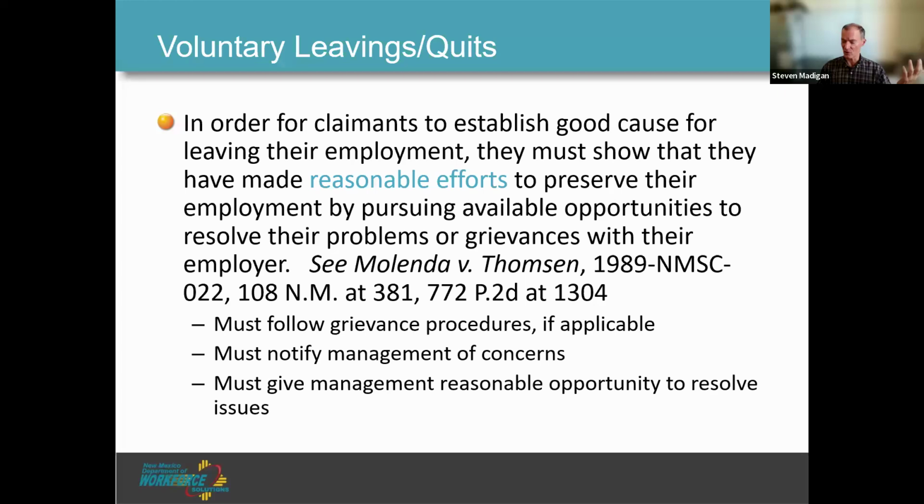Obviously, how can something be addressed if management isn't aware of it? And then management also has to be given a reasonable amount of time to resolve the issue. Not that I, the claimant, reported it to you yesterday and I expect it to be miraculously fixed already today. So to give a reasonable amount of time to do whatever needs to be done. So those are all things that we would look at in making a quit determination.